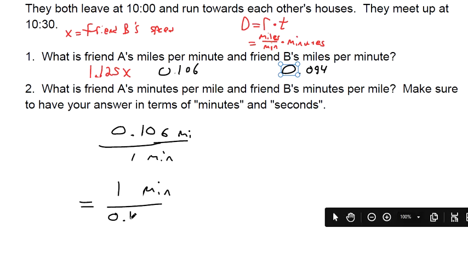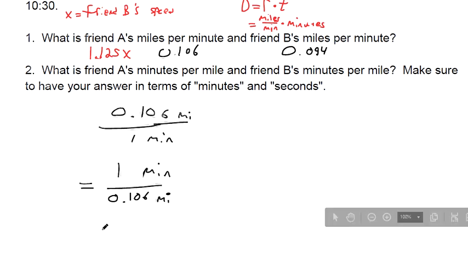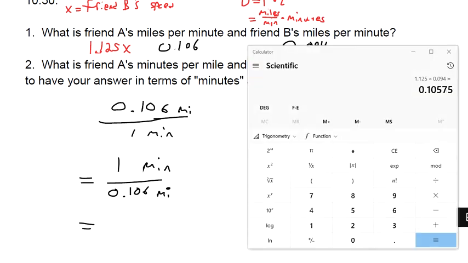This is perfectly fair to do because it's the same expression of some sort of mathematical idea. Right? If you say you type 60 words per minute, that's the same thing as saying 1 minute gets you 60 words typing. If you flip those units, it still expresses the same thing. So 0.106 miles for 1 minute is the same thing as 1 minute for 0.106 miles. And so to finish that out, you can just divide that in a calculator.